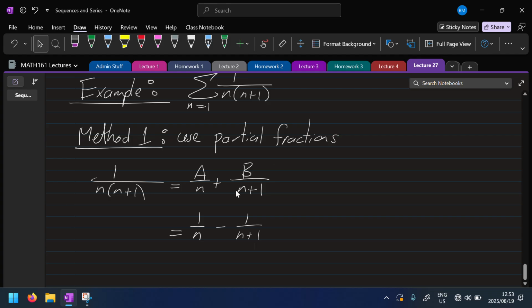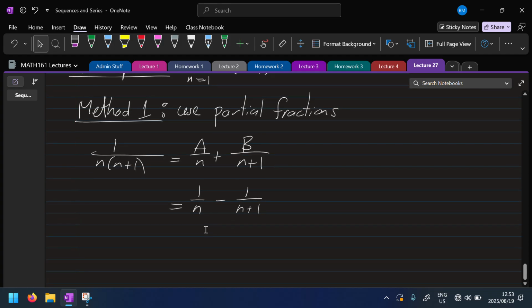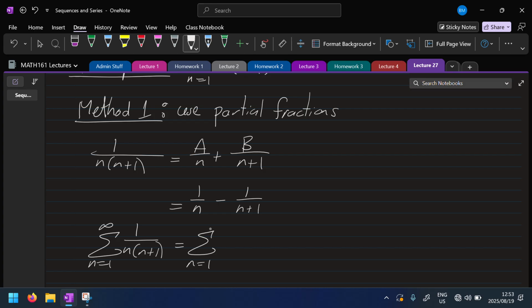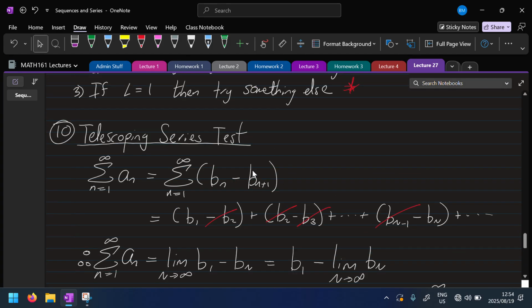Okay, so what do we have for the series? Let's write it out again. So we're going to have the sum n equals 1 to infinity of this 1 over n(n+1) is equal to the sum n goes from 1 to infinity, 1 over n minus 1 over n plus 1. But this has the exact form we need for the telescoping series, right?